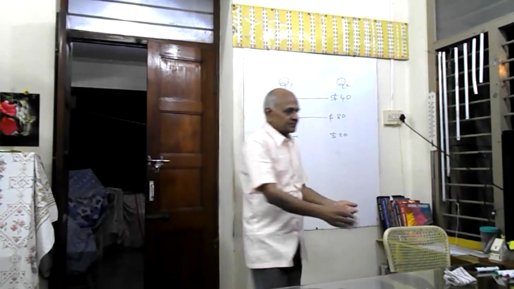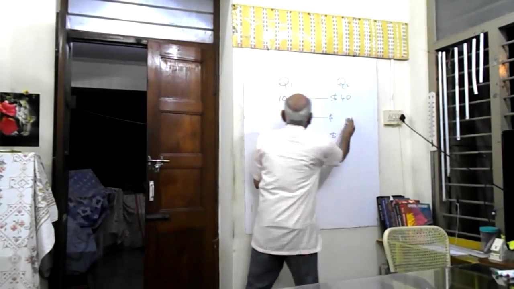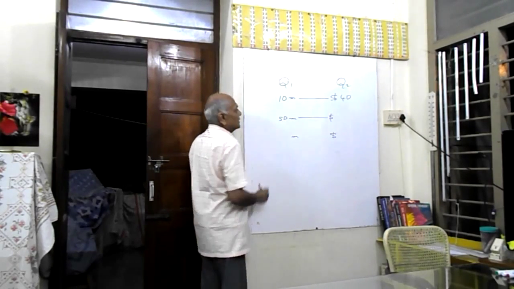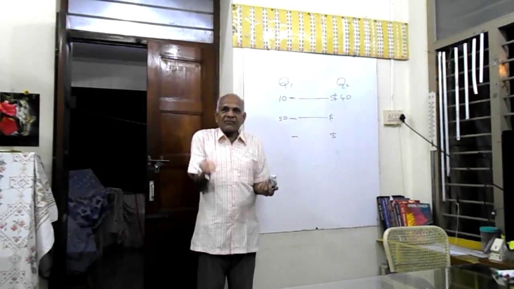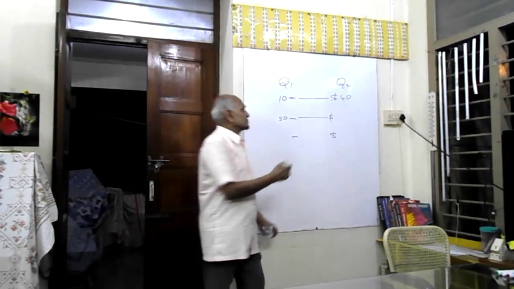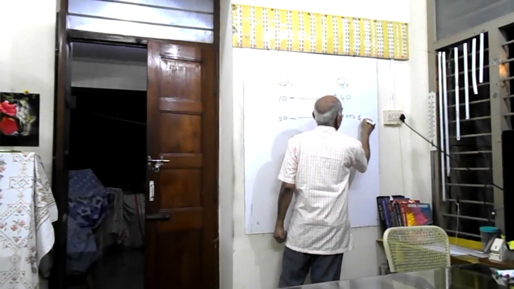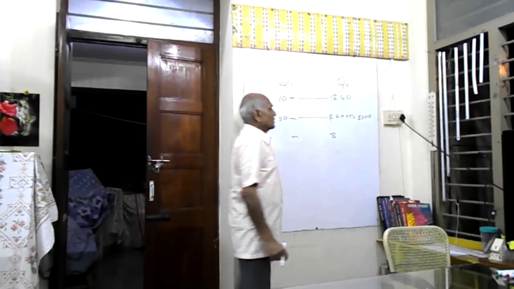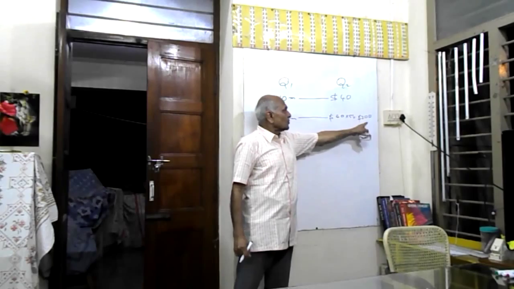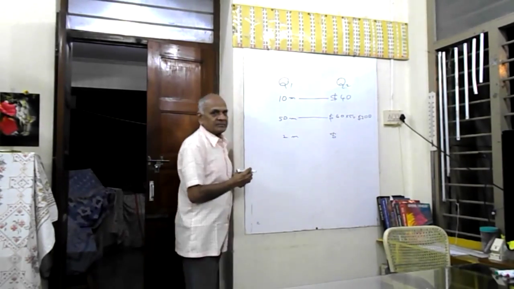Let me take another example. Now I make it 5 times. Now quantity 1 becomes 5 times. Then quantity 2 will also become 5 times. Suppose I buy 2 meters of cloth.